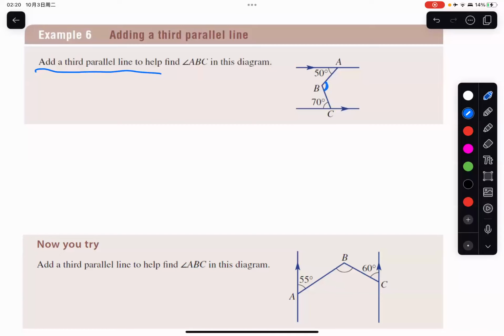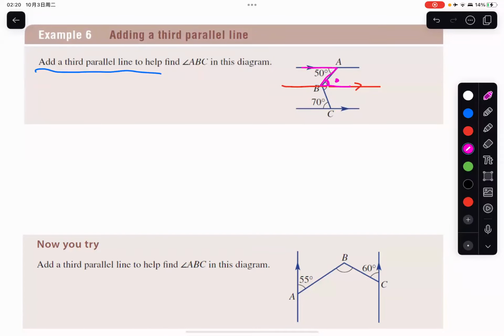For angle ABC here, we can't get the answer because we don't have any alternate, co-interior or corresponding angles. So now we're going to add another parallel line. Now you can find that for the top one, we can get an alternate angle.